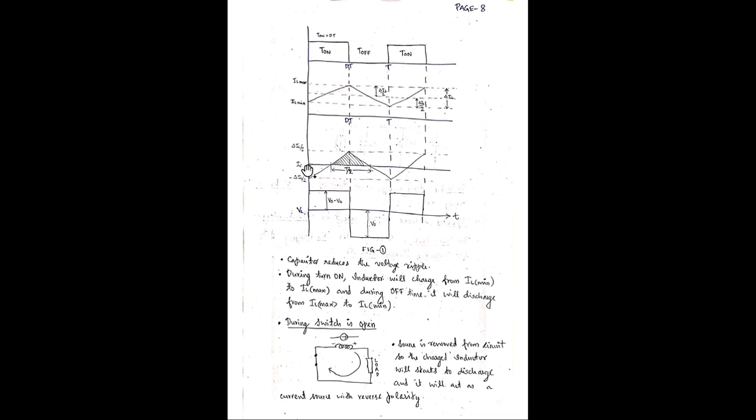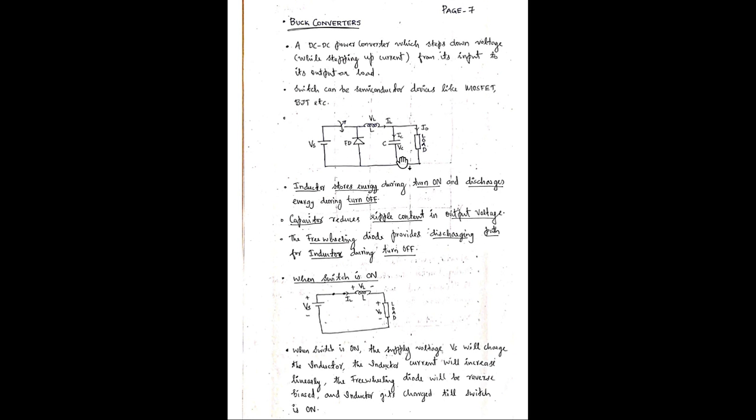Similarly, this is the capacitor charge. It will be charging and it will be discharging, same like this. During turn on time it will be charging and then it will be discharging. And this is the VL, the voltage across the inductor. During turn on time, what will be the voltage across the inductor?